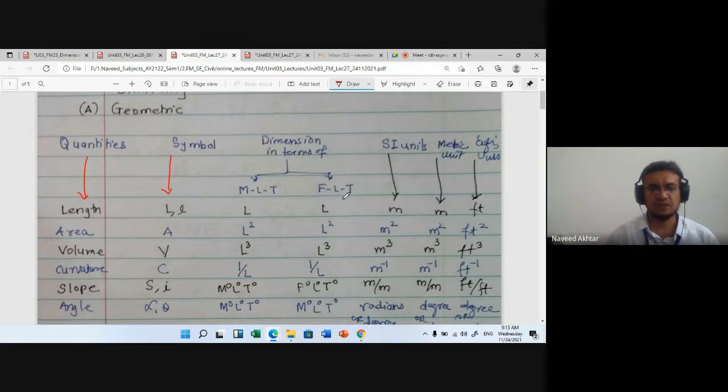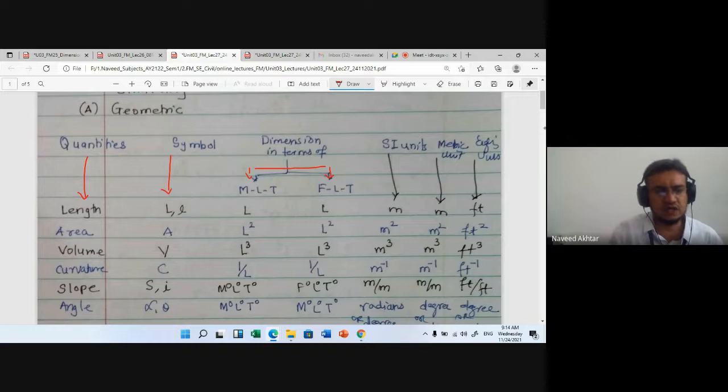Okay, so here you can see that dimension is divided into two types, that is with mass and with force. You can see here one by one, and then the SI unit of that dimension, the metric unit, and the English unit of that dimension is given.